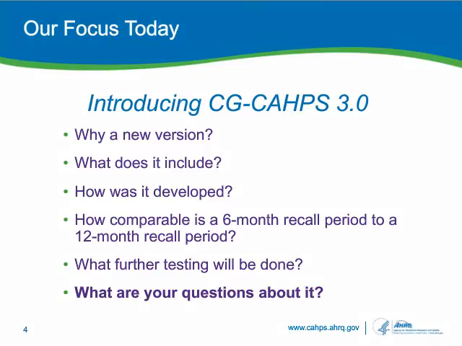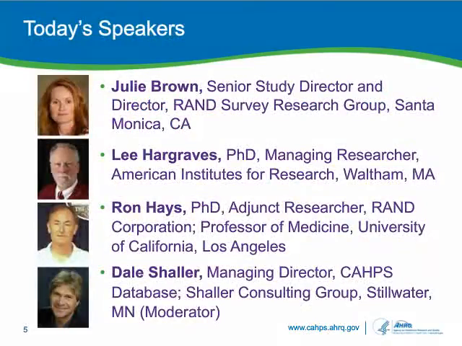To help address these topics, we're pleased to feature an outstanding lineup of speakers from the CAHPS team, starting with Julie Brown, Director of the Survey Research Group at RAND. And Julie is a longstanding member of the RAND CAHPS team and has co-chaired the CAHPS instrument team for the past 2 decades. Lee Hargraves is Managing Researcher with the American Institutes for Research, or AIR, and Lee is a member of the Yale CAHPS team and co-chairs, along with Julie, the CAHPS instrument team.